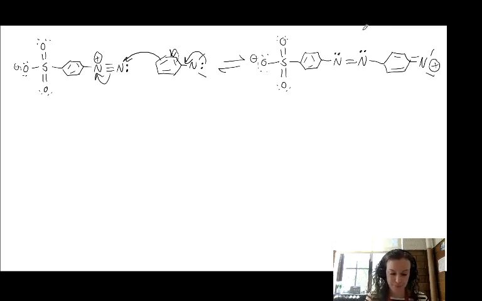Okay. So what next, folks? We can recognize that we can also draw a resonance structure of this kind of reactive intermediate as well.